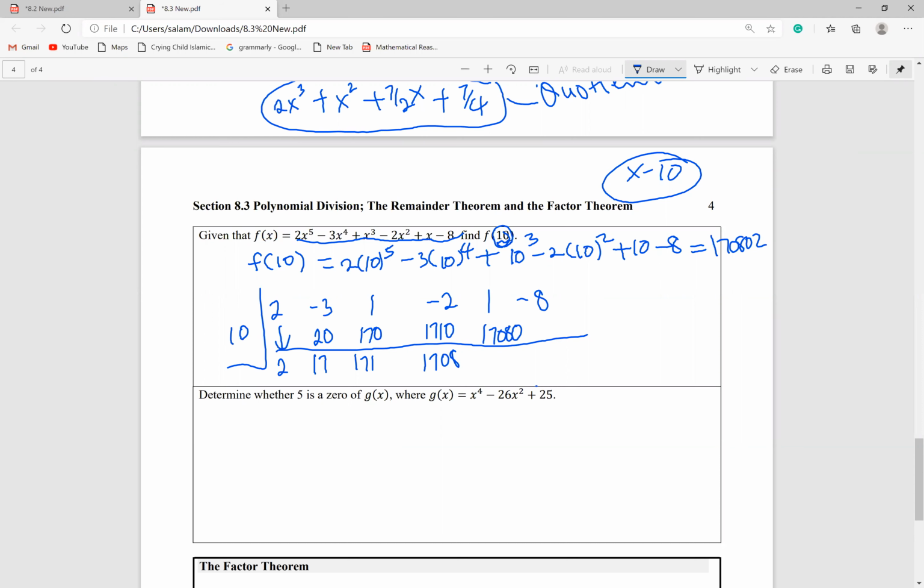Then 1 plus 17080 gives us 17081. 17081 times 10 gives us 170,810. Then -8 plus 170,810 gives us 170,802, and this is exactly our remainder.